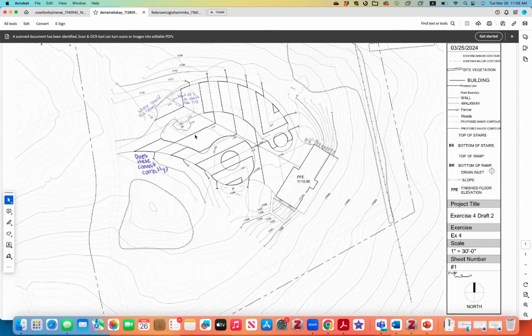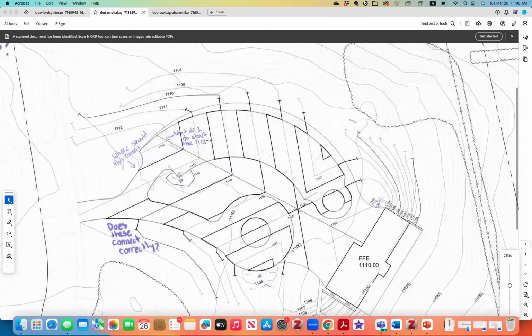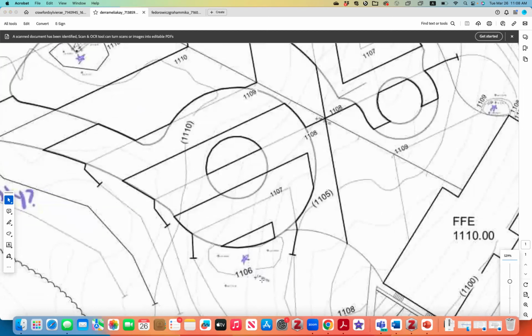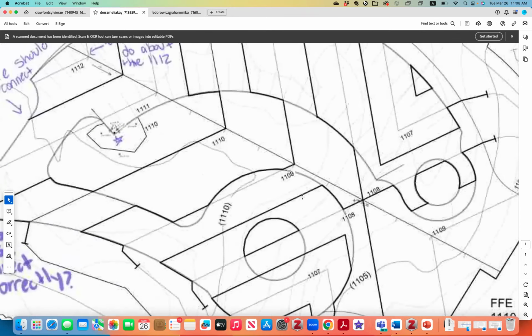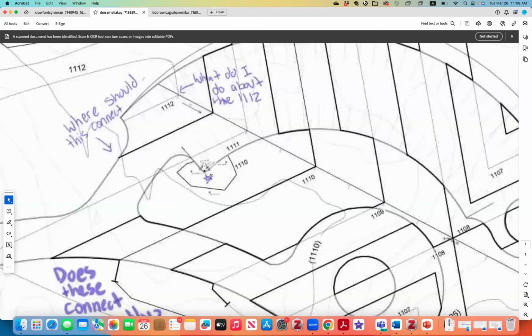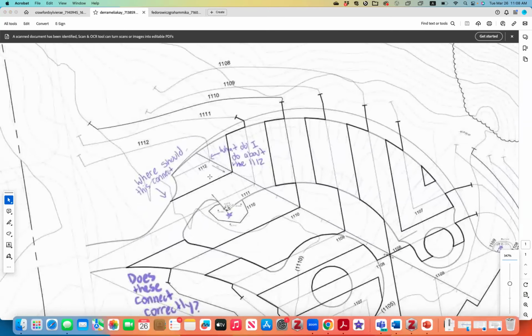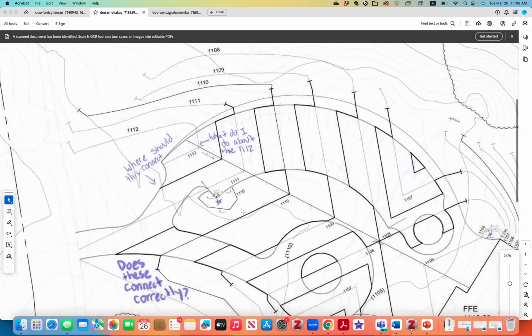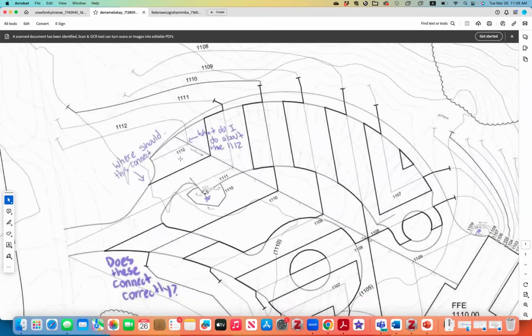Okay, so I took a quick look at the submission. I'm not sure I can read the retention area. I know there is something, there are LP and HP, but I'm not sure how to critique without being able to read it. So the one question that I could answer is, where should this connect?